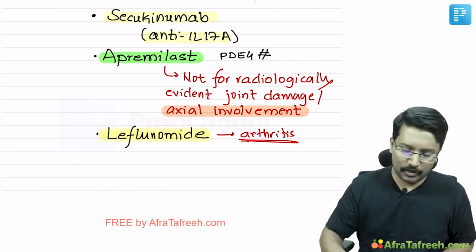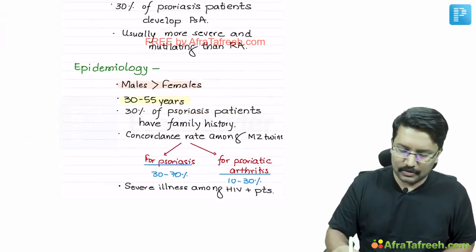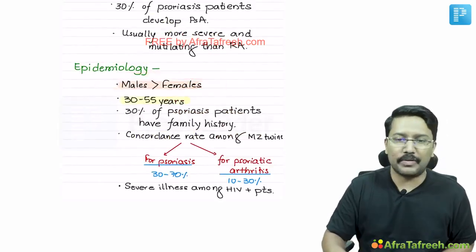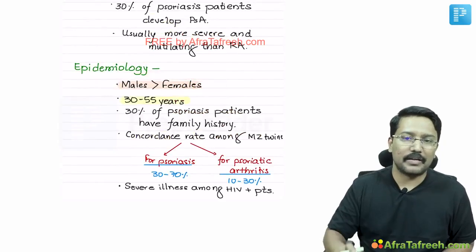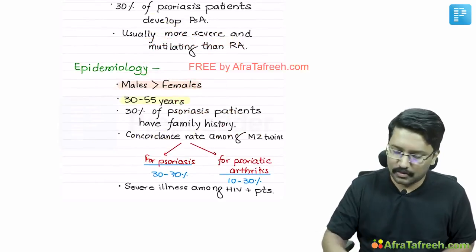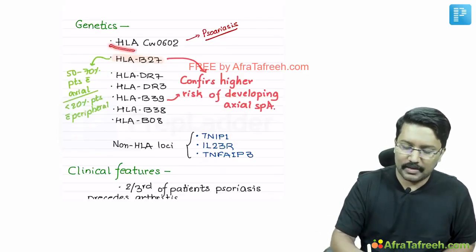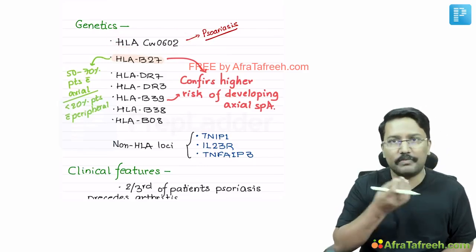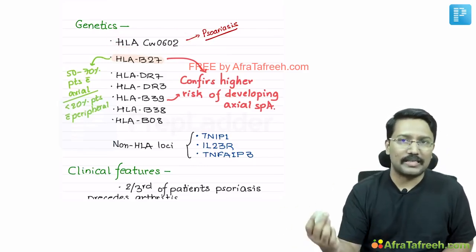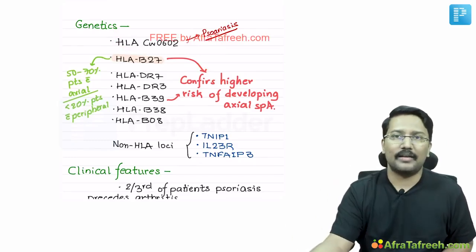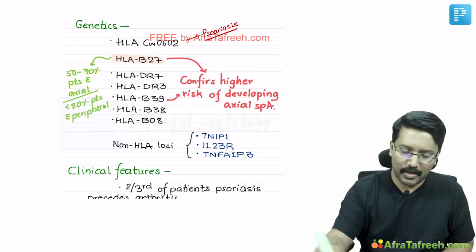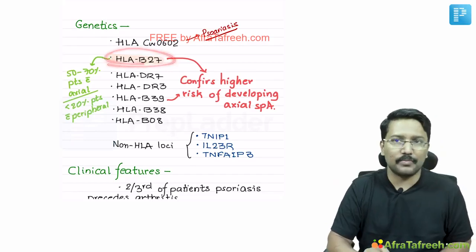The important point to note is that this is a disorder where males are more affected than females. Right? There is a significant familial history and concordance. The HLA variant that is characteristically associated with psoriasis is HLA-Cw6, and patients with this disorder may have HLA-B27 positivity.